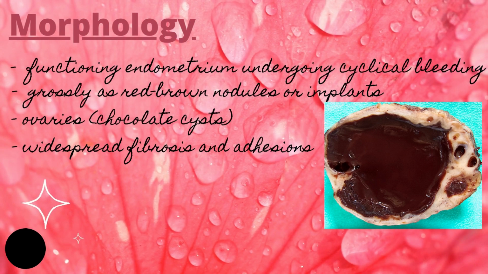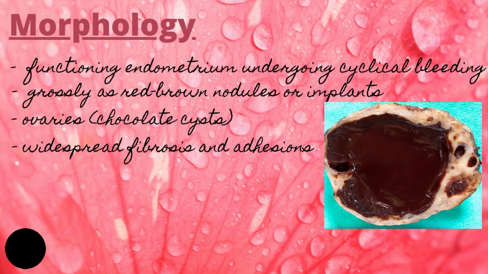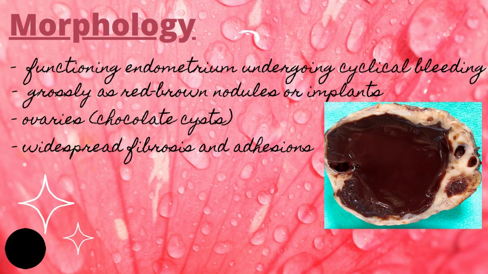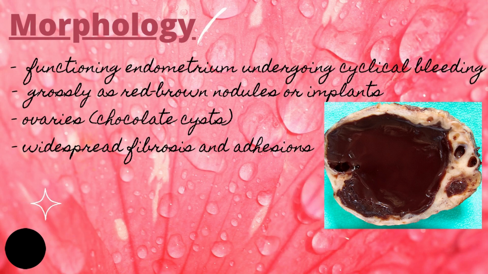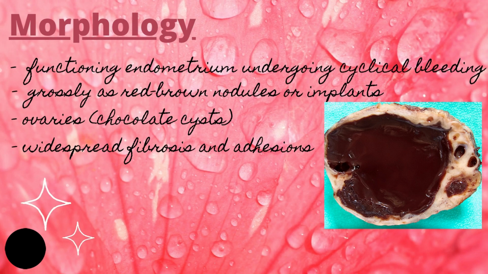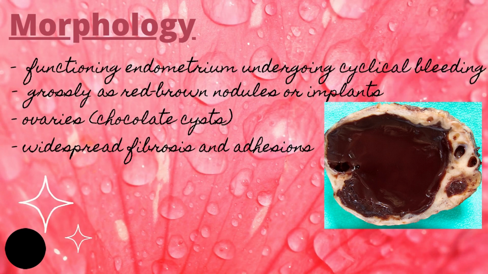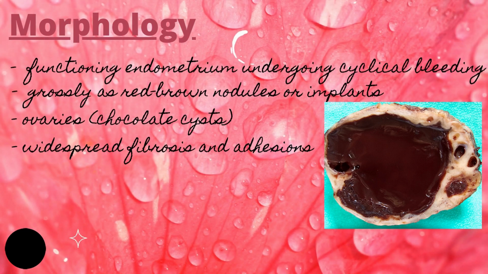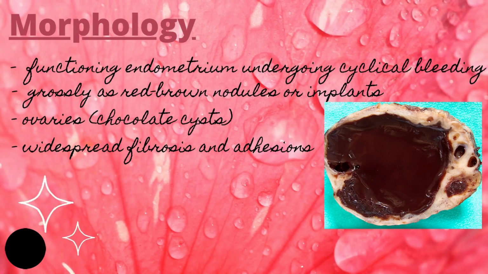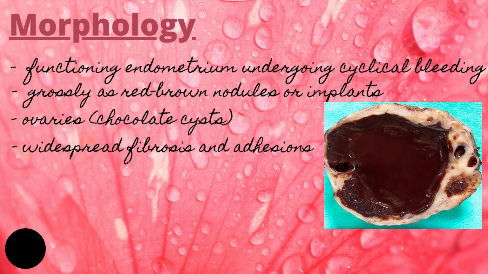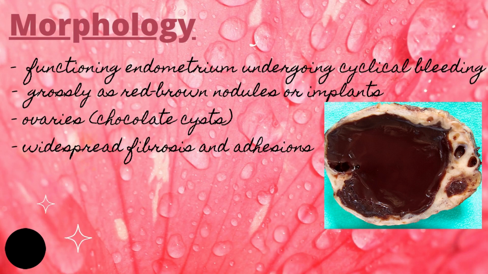When the ovaries are involved, as you can see in this picture, the lesions form large blood-filled cysts that in time turn brown as the blood ages. So this is also known as the chocolate cyst, and with time the blood organizes and widespread fibrosis occurs, which leads to adhesions. This was a brief overview of the morphology of endometriosis.